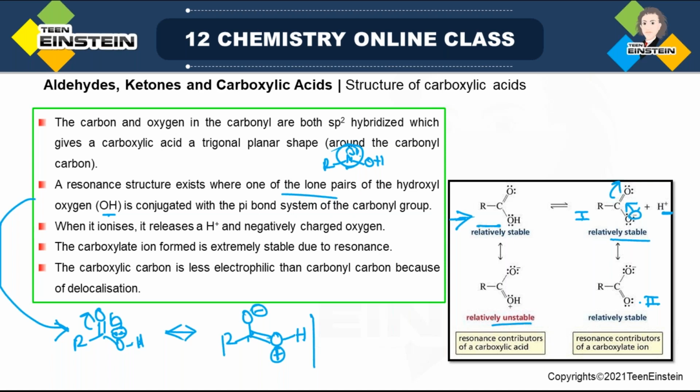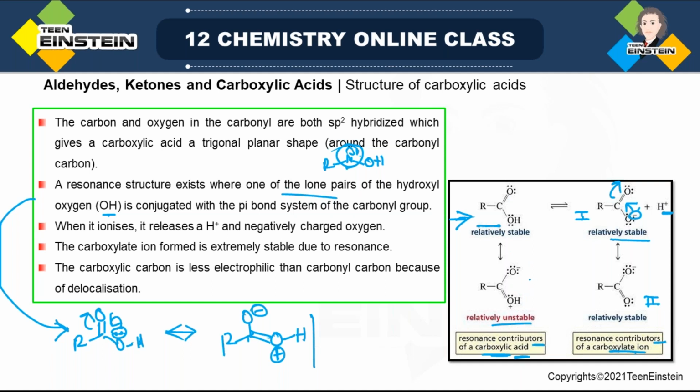But when it is in non-ionized form, if you look at the resonance contributors, these two are resonance contributors for the carboxylate ion, the ionized form. But if you consider the resonance contributors of the carboxylic acid itself before ionization, you are getting these two structures, and these two are not the same.